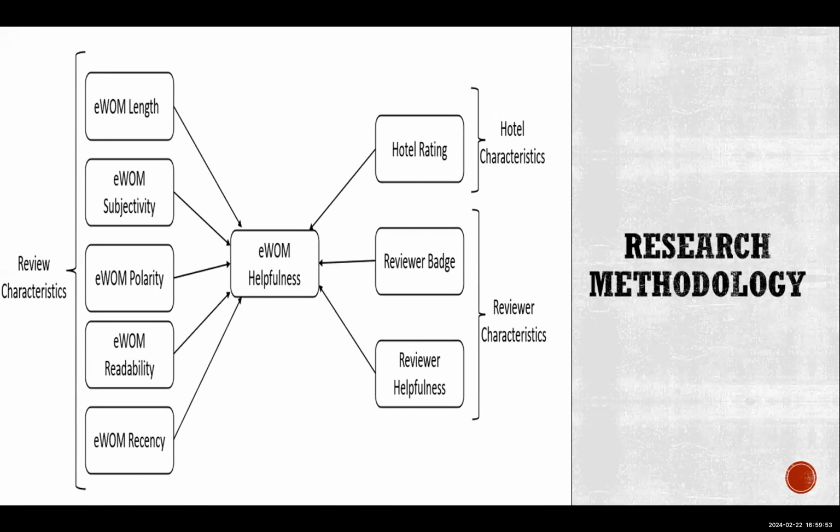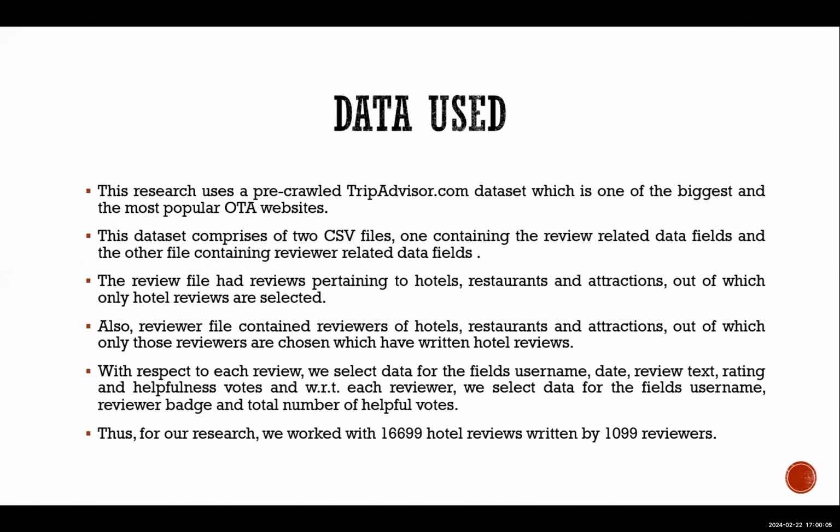So this is my research methodology. Basically, we have taken 5 review characteristics, 1 hotel characteristic and 2 reviewer characteristics, and we will see how they impact the helpfulness of EWOM. The data we have used is a pre-crawled data set taken from TripAdvisor.com, one of the biggest and most popular OTA websites. My data set was in 2 CSV files.